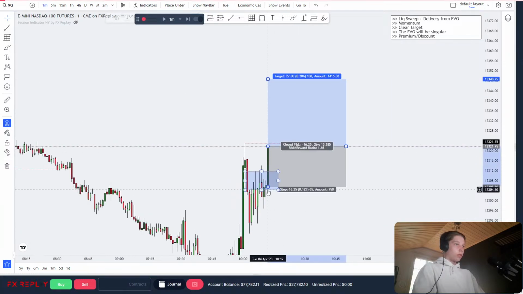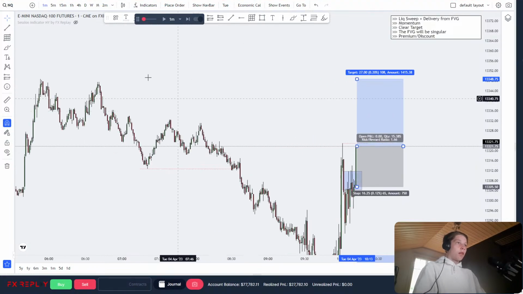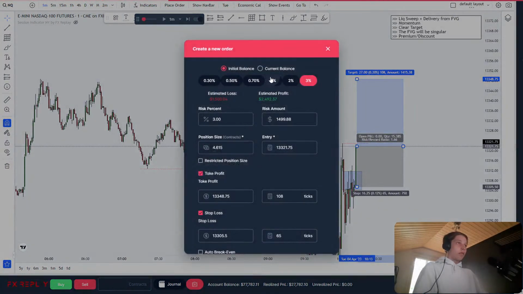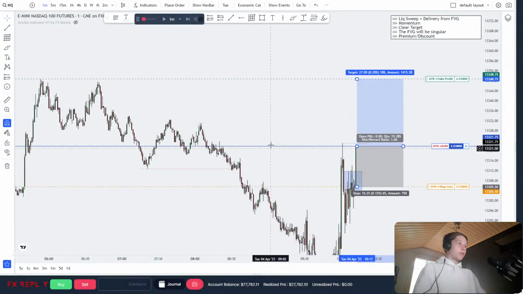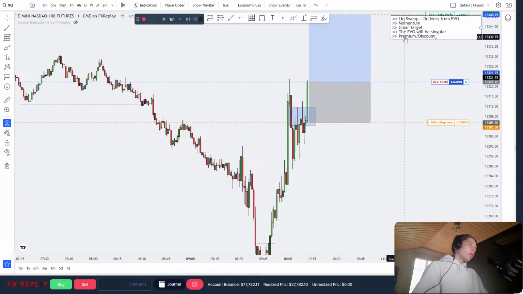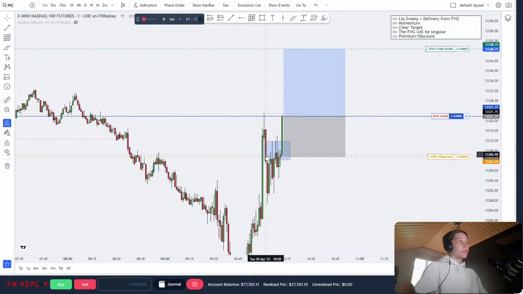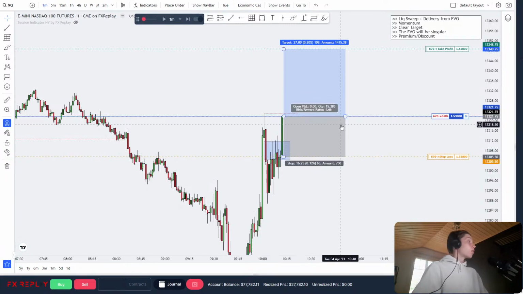I don't have my stop at that candle low, and I wouldn't risk more than 1% because we are far in premium pricing. But yeah, so this is an A setup or A minus because we're not in discount.